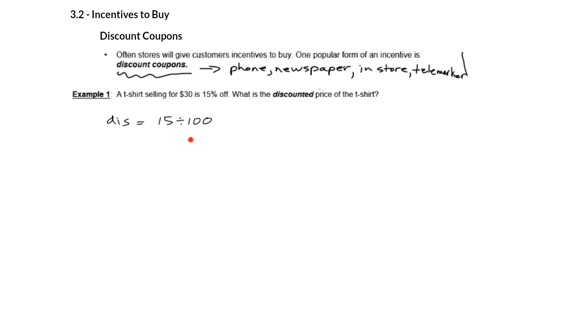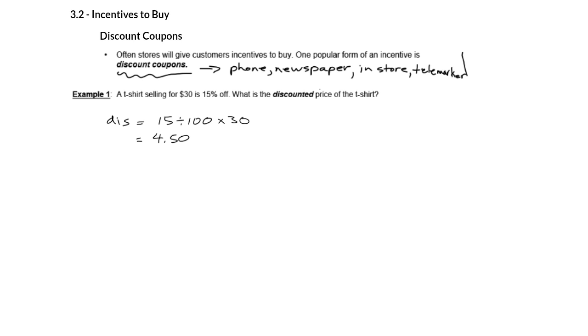If you don't have a nice calculator that can change percentages into decimals, you're just going to type 15 divided by 100. Then you will times your result by 30, because 30 is the amount of money that we want 15% of. And we get the following answer, $4.50.